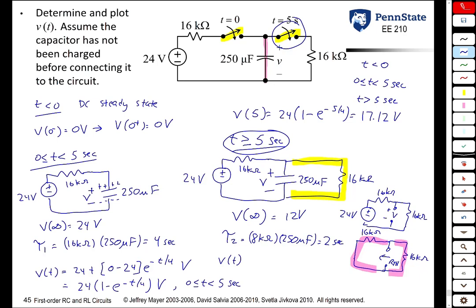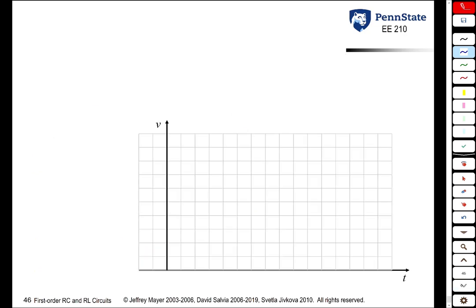So V of t here is going to be voltage at time infinity plus the initial value, which is now 17.12, minus infinity times e to the minus t minus 5 over 2. We can put this together.